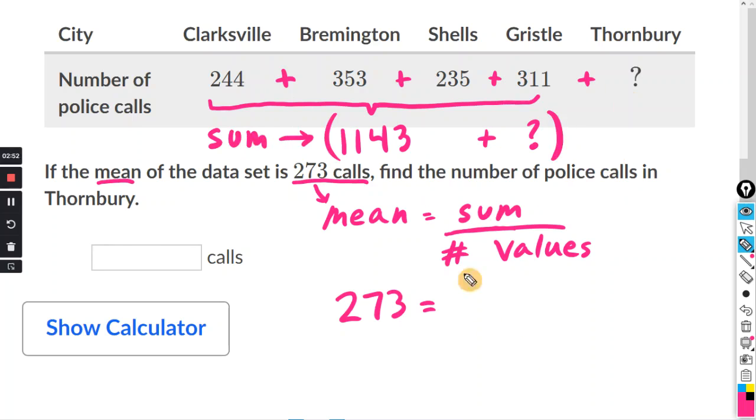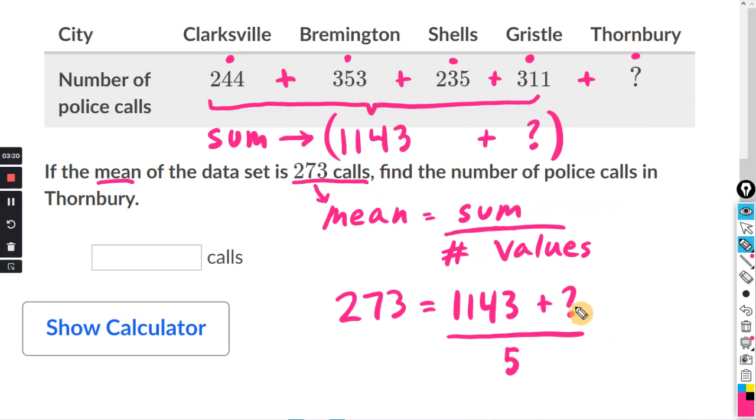In place of sum in the numerator, I'm going to write 1,143 plus question mark. And that is divided by the number of values. So we have 1, 2, 3, 4, 5. Make sure you count the missing value as well. So the number of values is 5.